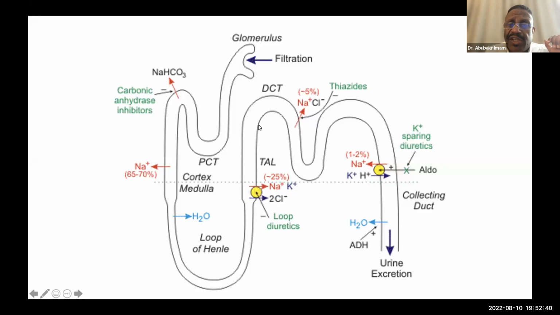And bear with me as we go down here to the distal part of the nephron, because here around 5% gets reabsorbed through the sodium transporters. And again, this is where the thiazide diuretics work.